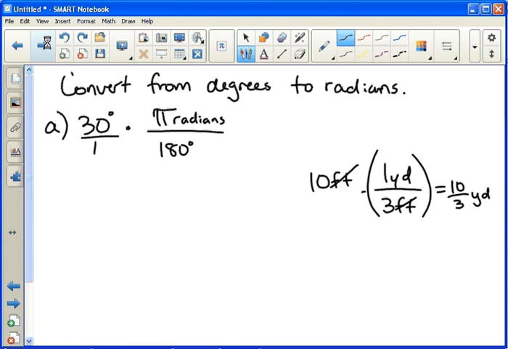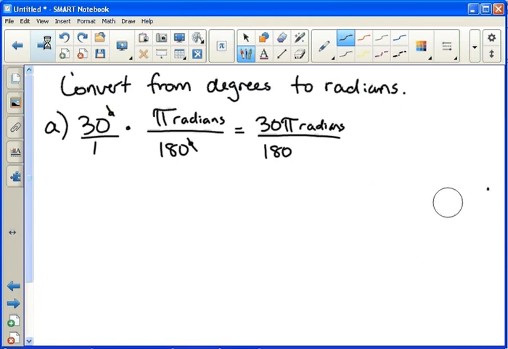So the degrees cancel each other out. Again, whatever you want to cancel out needs to go on the bottom. And then just multiply across: 30 pi radians over 180. Okay, let me erase this example here. And then I can reduce that. 30 will go into 30 and 180, so this reduces to pi over 6 radians.